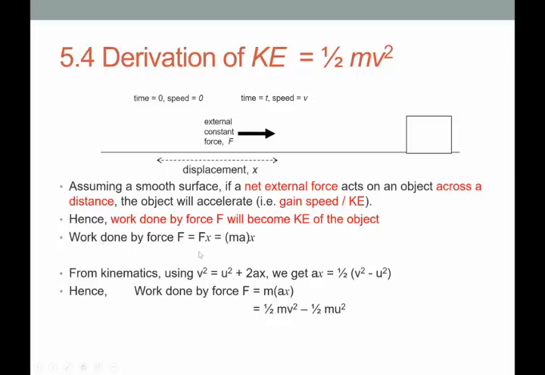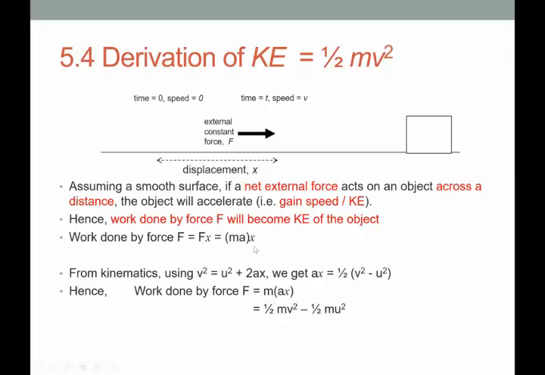Work done by the force F is force times distance moved in the direction of the force. Force, by Newton's second law, is ma, so the work done by the force F is equal to max.